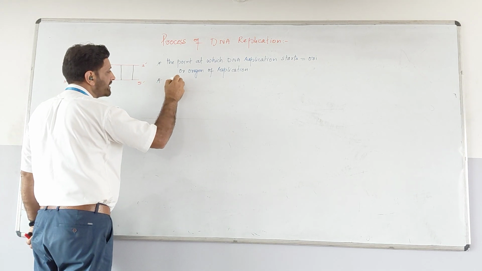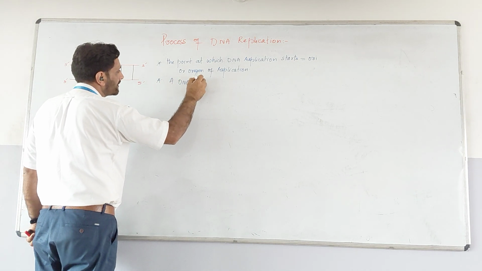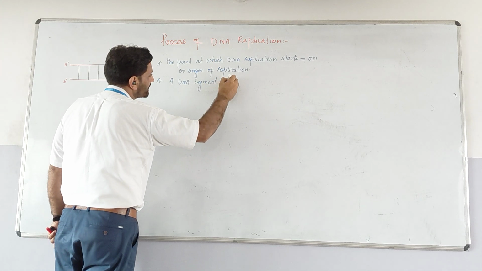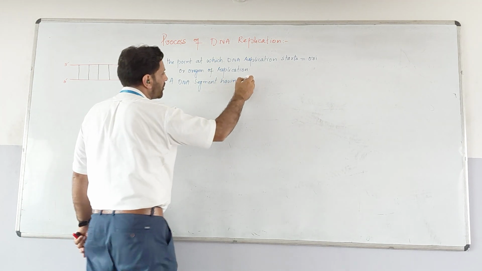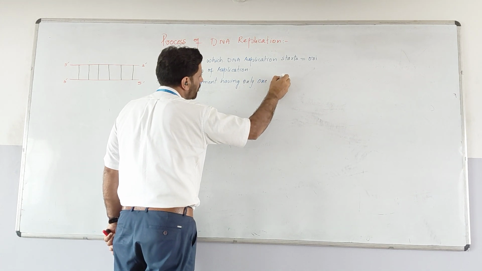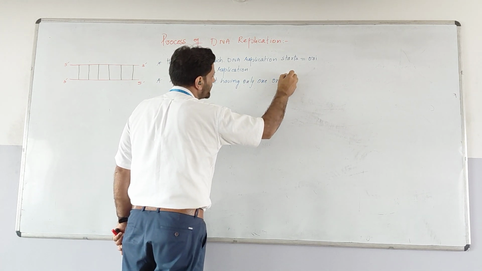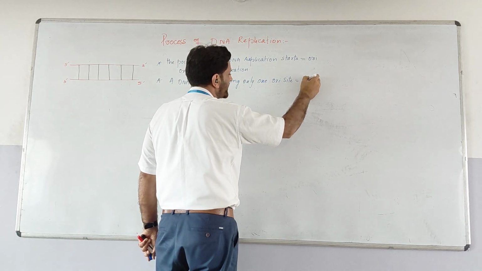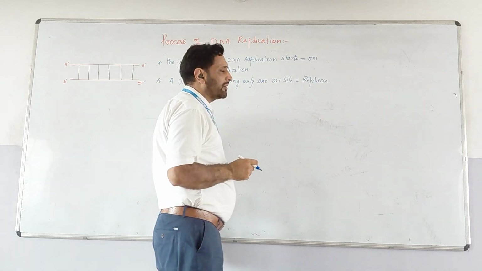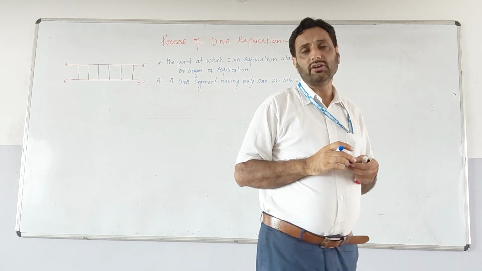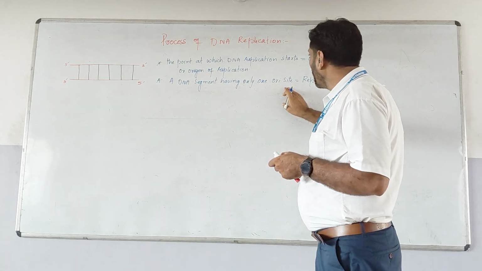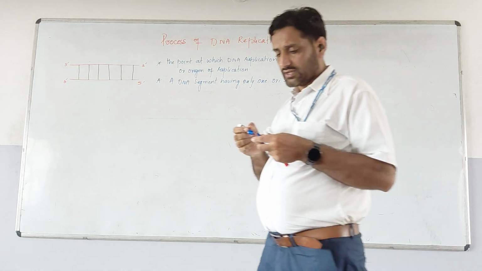So a DNA segment having only one ORI site is known as a replicon. आपसे MCQ में ये पूछा जाता है, what is a replicon? Replicon is the segment of DNA in which only one ORI site is there.